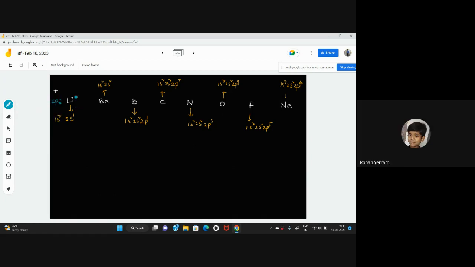Whereas coming to beryllium to boron, size decreasing, so IP value will also increase.